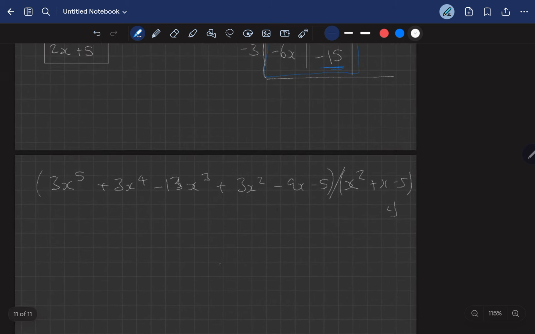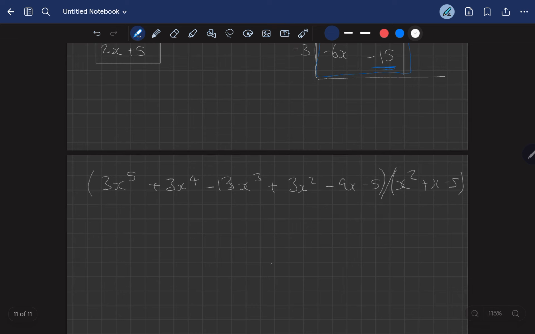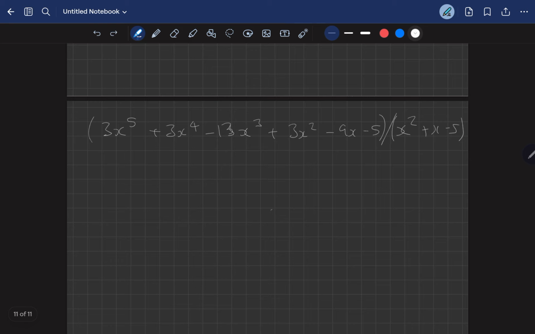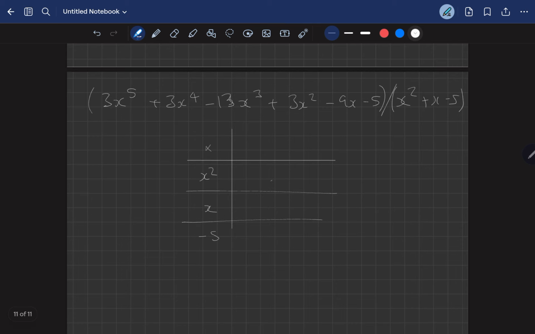Okay, so how do we solve this? Let's do the same thing. Let's draw our grid. But this time on the side, we have x squared, we have x, but we also have minus 5.